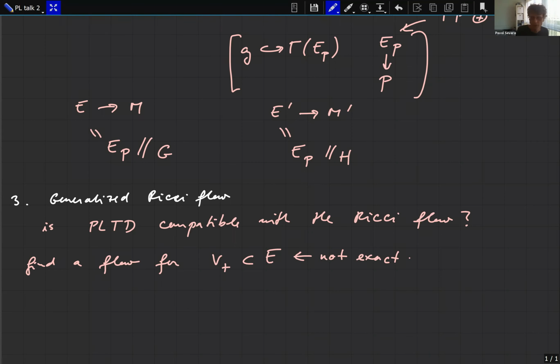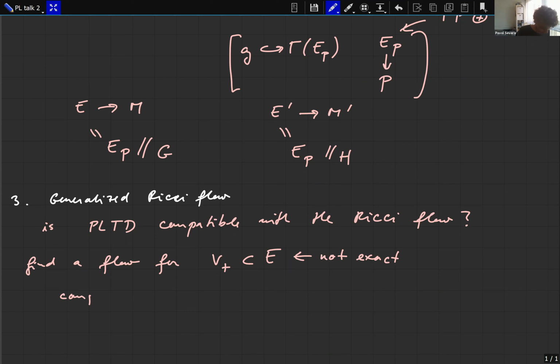So just try to extend the Ricci flow, which is given just for V plus sitting in an exact Courant algebroid, when this is equivalent, at least locally, to g and B, to this kind of situation. And make sure that it's compatible with pullbacks.